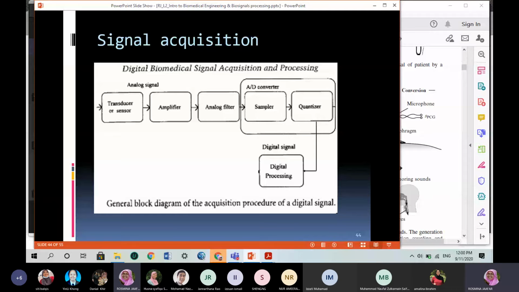Okay, how can we do data acquisition or signal acquisition? We need to have a digital system where we have a transducer. You transduce the analog signals to digital signals, and you amplify the signals.